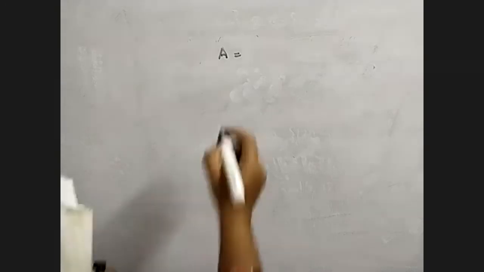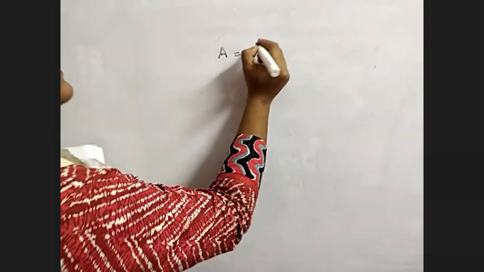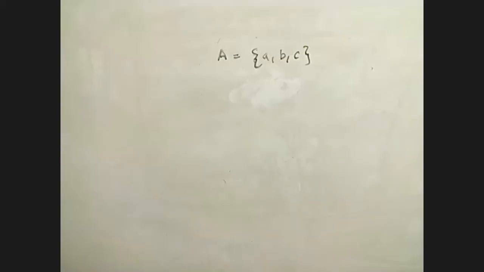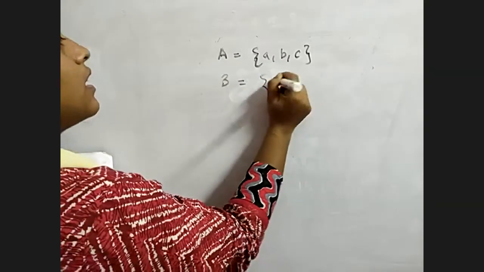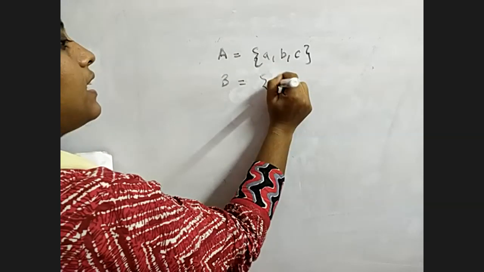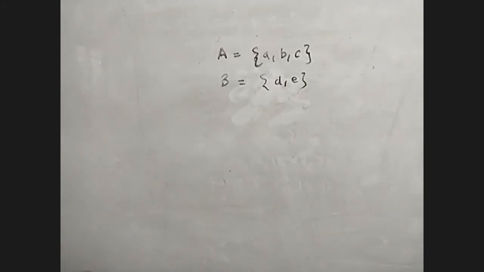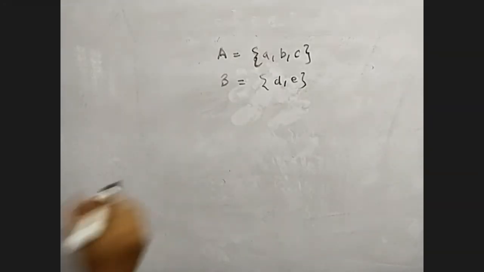If I'm having a set with elements A, B, C, and I'm having a set D, then how many relations are possible from A to B?